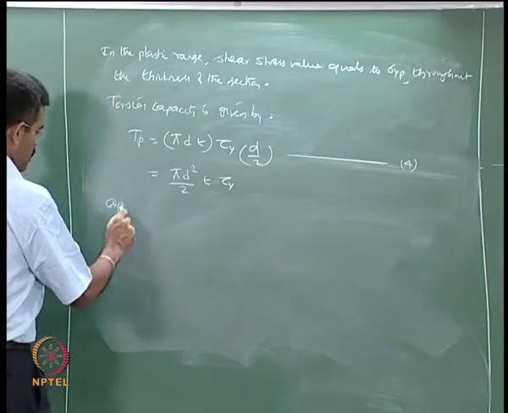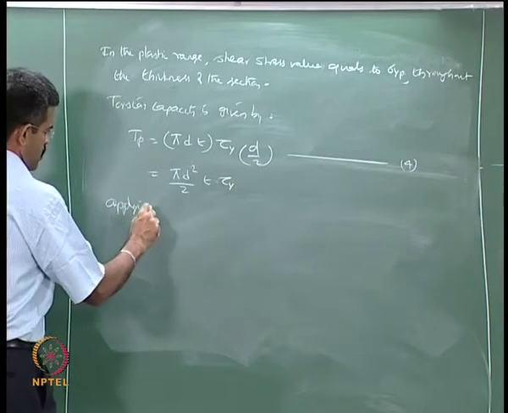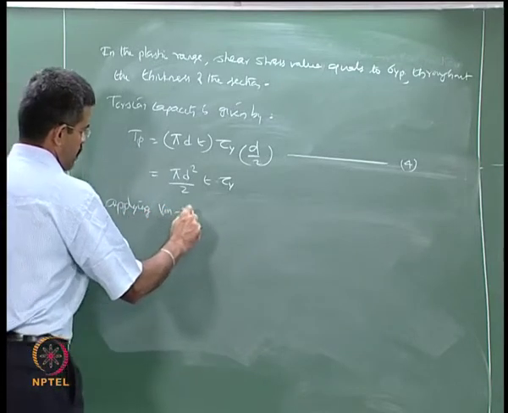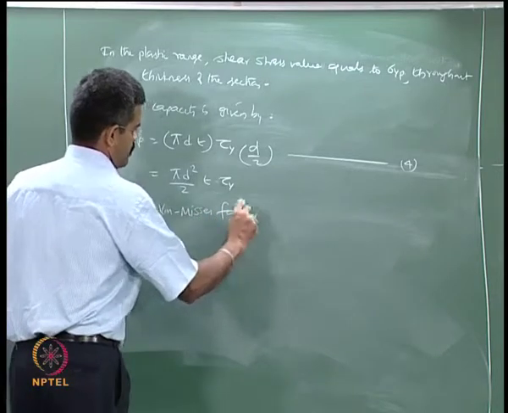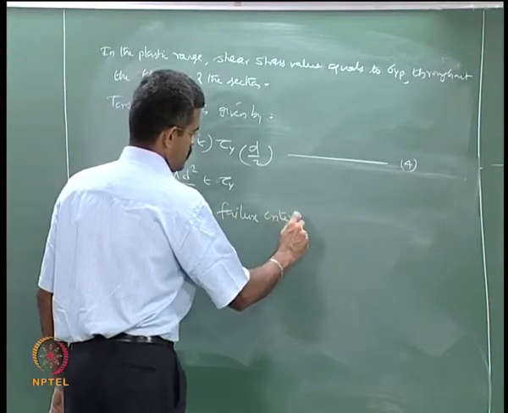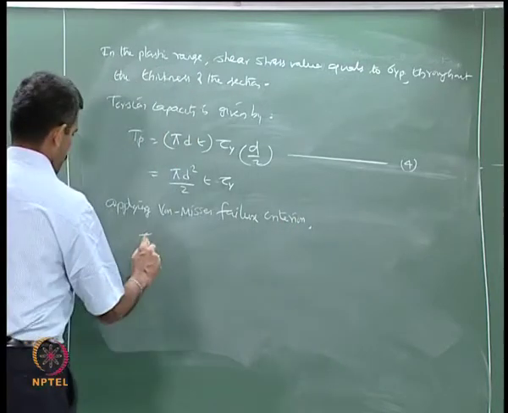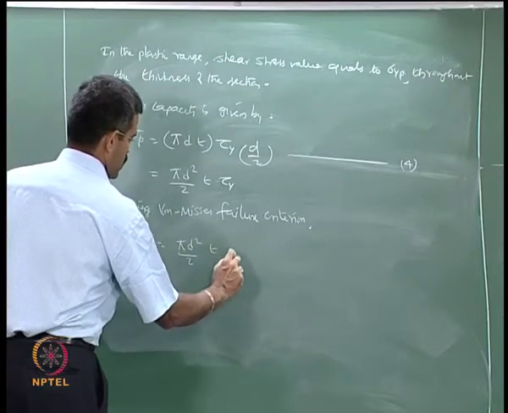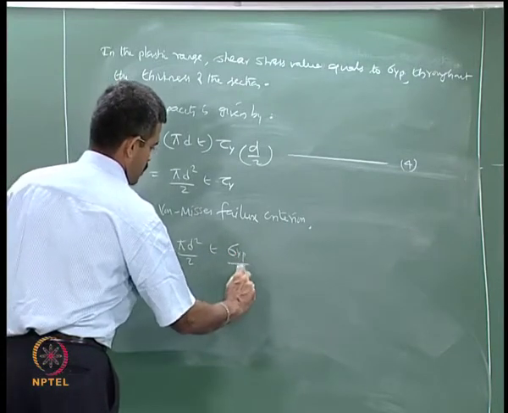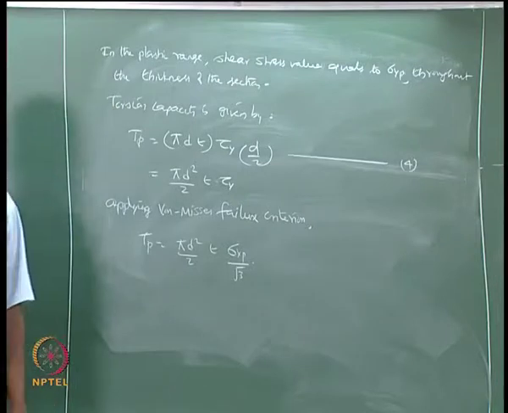So applying the von Mises failure criterion, Tp can be said as pi d square by 2 T sigma yp by root 3, that is what von Mises stresses say.